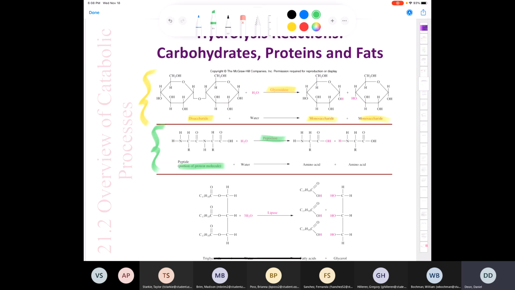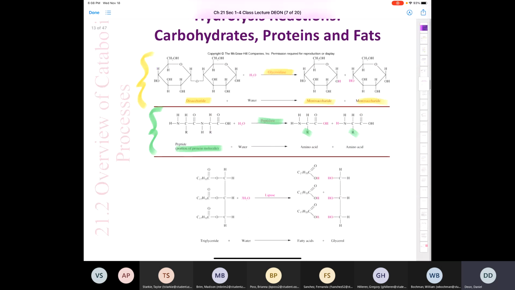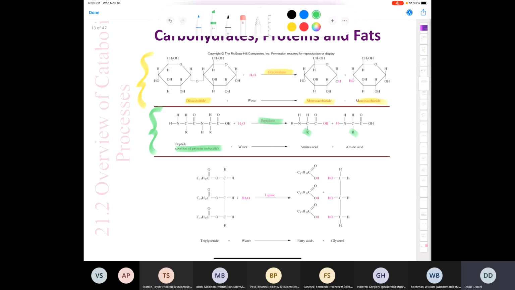As I told you, the fate of amino acids really varies by R group. It can get very complicated. And then finally, triglycerides. Triglycerides are going to be acted upon by lipases. So we hydrolyze all these esters. We produce glycerol and fatty acids.